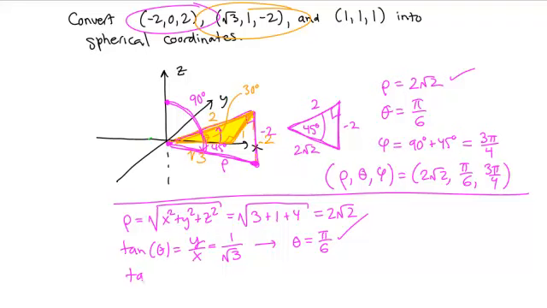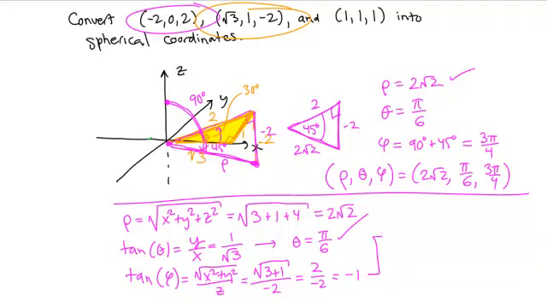Finally, we would know that the tangent of the angle phi would be the square root of x squared plus y squared over z. So that would be the square root of 3 plus 1 over 4, not over 4. z is negative 2. So that's going to get me the square root of 4, which is 2 over negative 2, or negative 1.